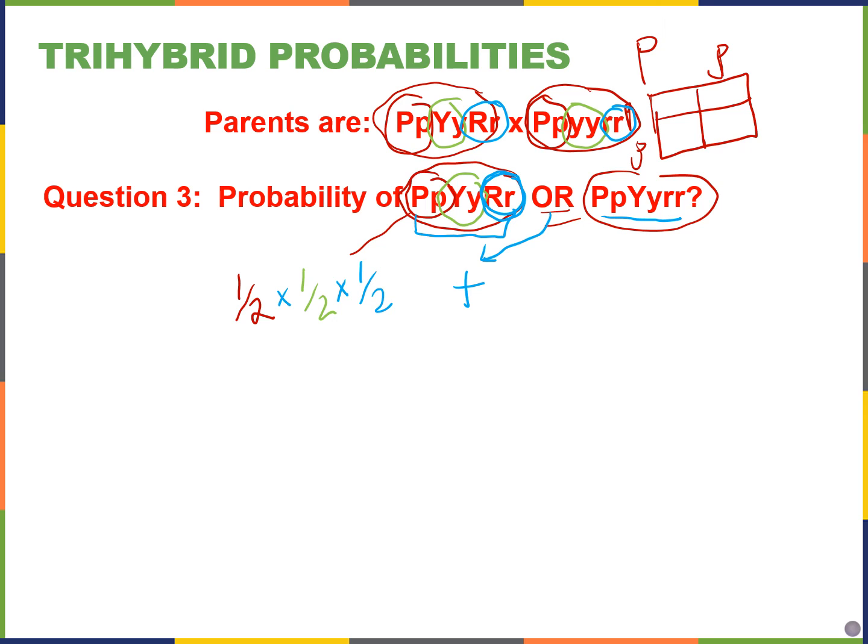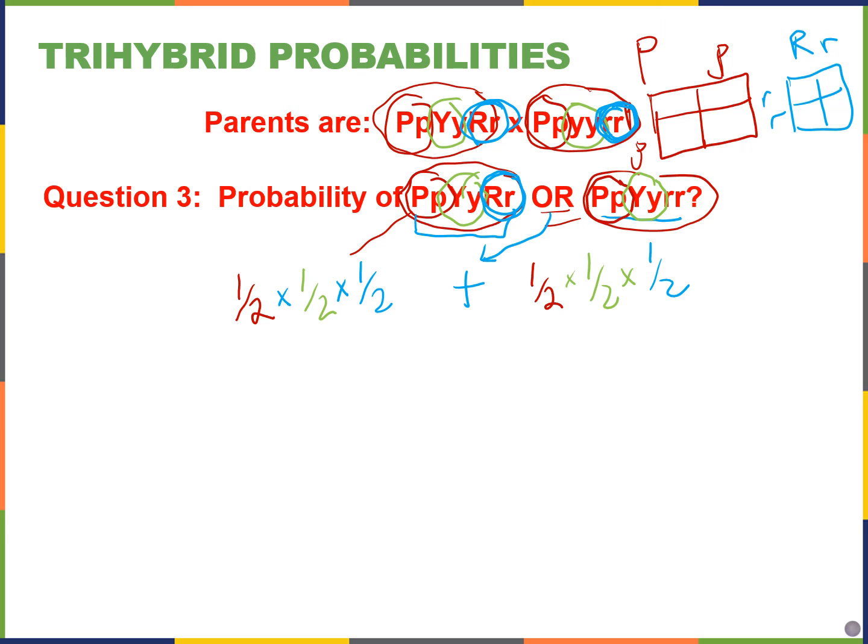So the chance of getting big P, small p, looking at just the p's, is again half, if I were to do a Punnett square for just the p's. For the y, big Y, small y, it's the same thing as earlier, so it would be half. And then small r, the chance, if I look at a Punnett square for just the r's, that would also be half.